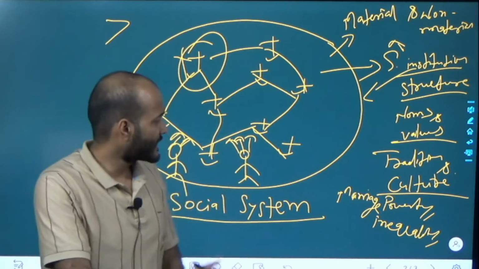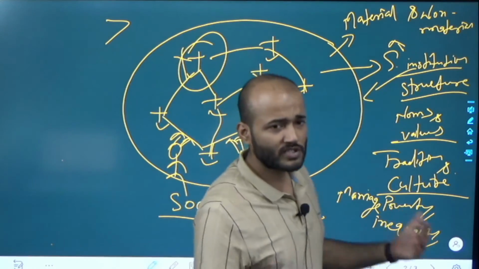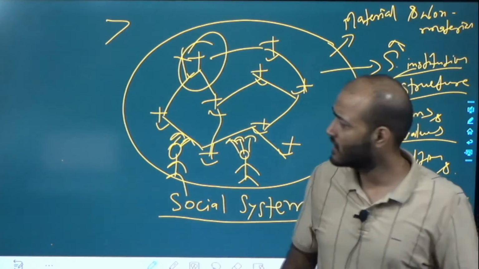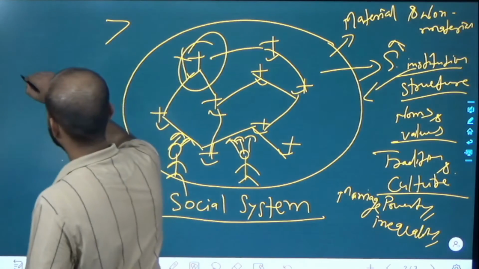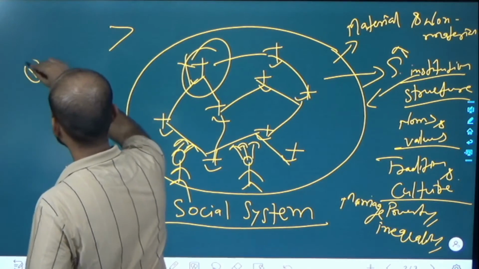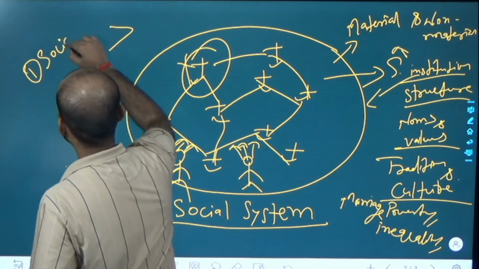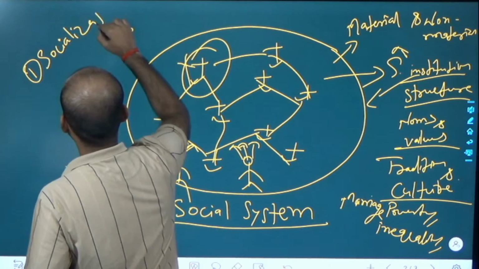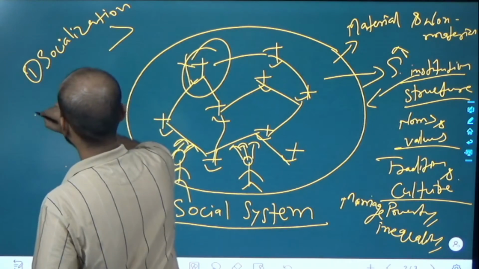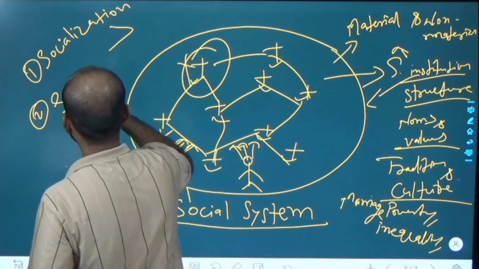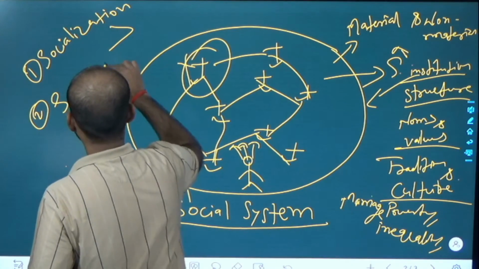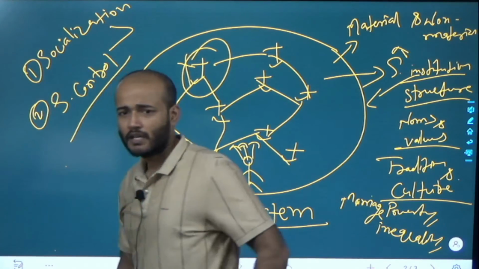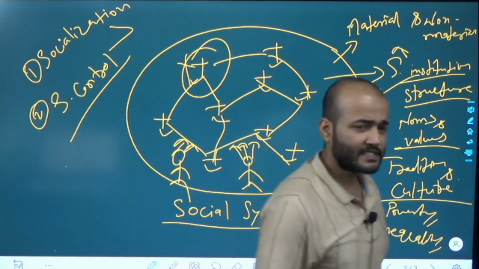He talks about two factors: socialization and social control. One is socialization, and second is social control.